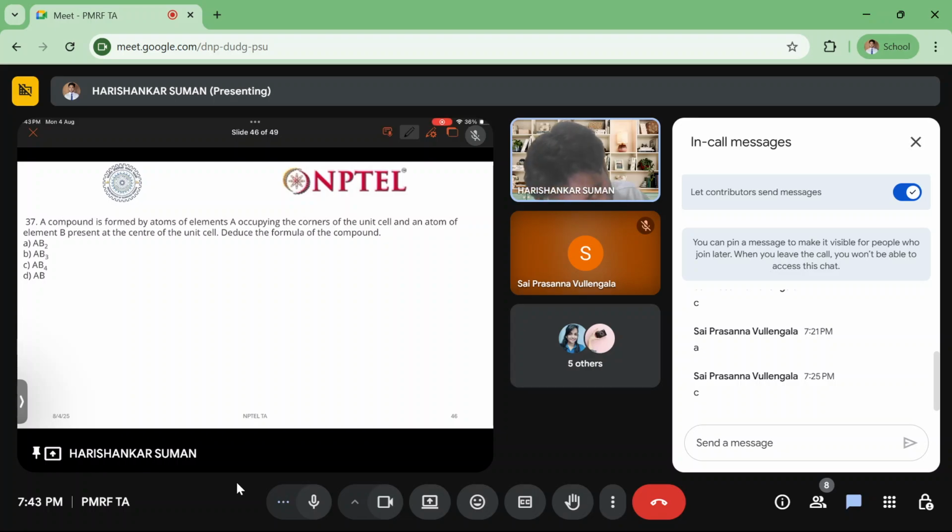Next question. A compound is formed by atoms of element A occupying the corners of the unit cell, and atoms of element B present at the center of the unit cell. Reduce the formula for the compound. So the question is like that.